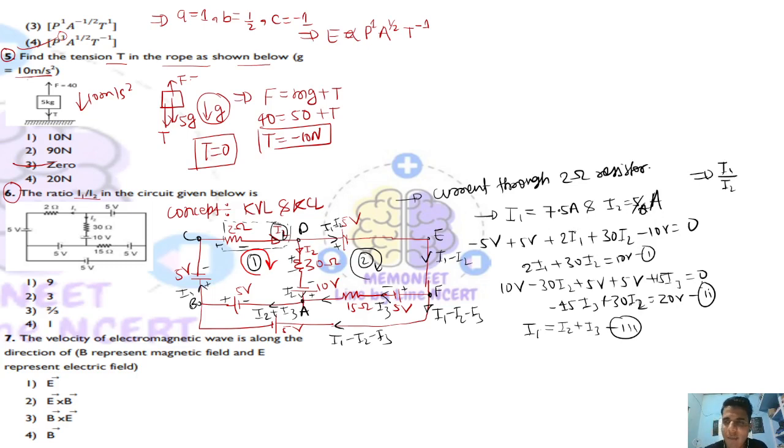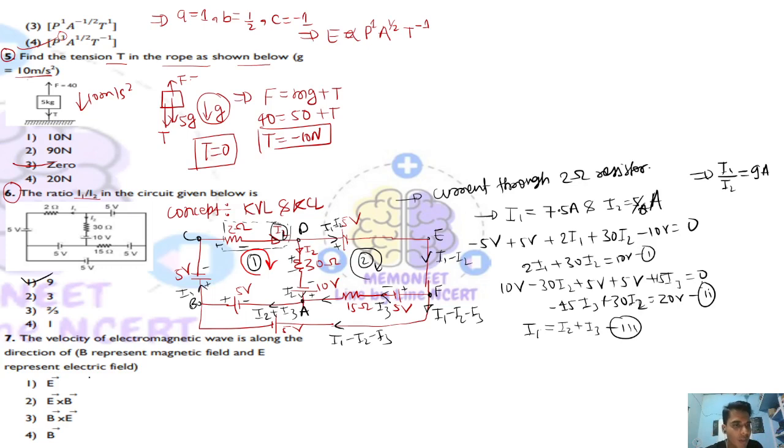It will take a little bit of time to calculate. I1 upon I2, once you calculate it, it will be 9 when you solve it out. So the first option will be correct. It's a simple calculation based question. I have just written the equations so that you can understand how we can solve it. Calculation is upon you. I have already done it, so I have just written the answer.